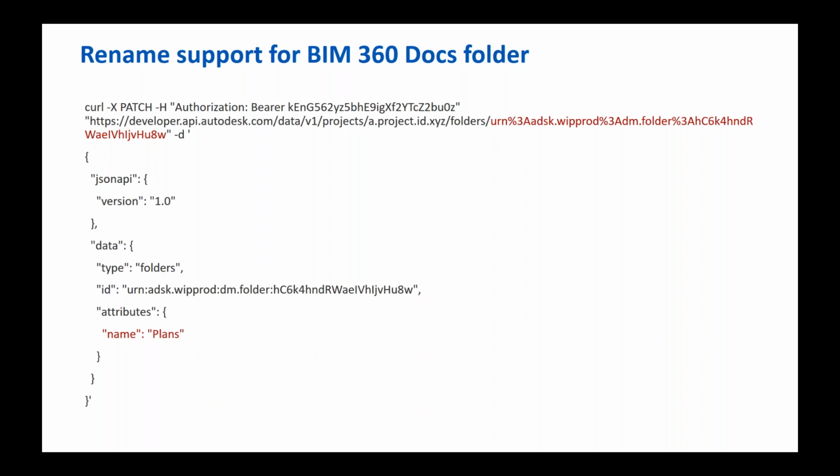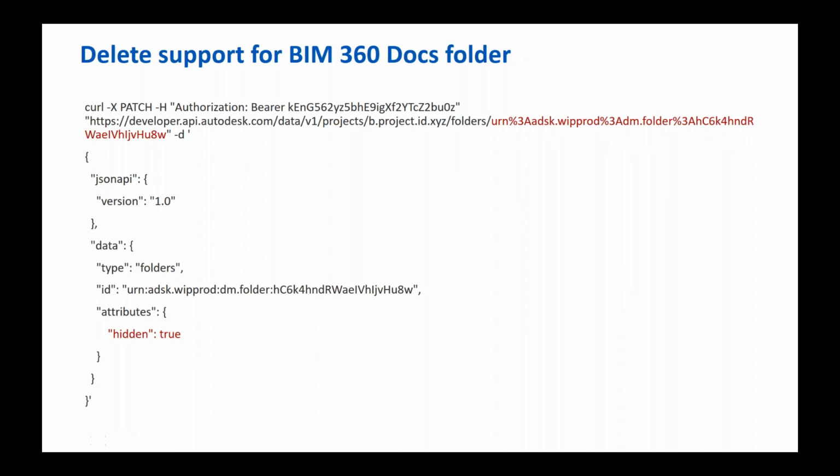At the same time, if you want to delete a resource, you would use the hidden attribute and set it to true. Because it's a soft delete, if you remember that URL, you could undelete as long as the resource has not been physically deleted from the storage. So it's a single Boolean attribute, and you patch that into your payload when you call this endpoint.